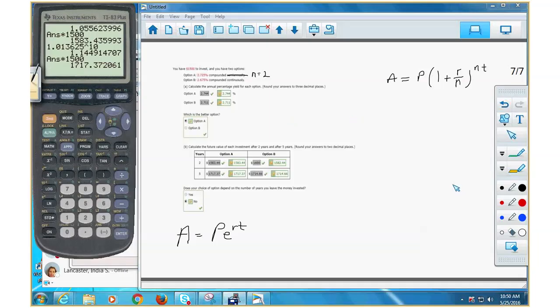The only thing I have difficulty with on this one is calculating the annual percentage yield. There's no time frame for A. For B, you just plug it in the formula, but for A, getting the percentage yield, there's no time frame.